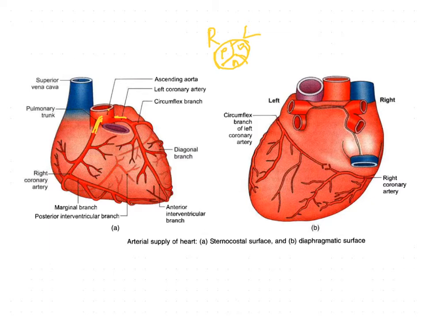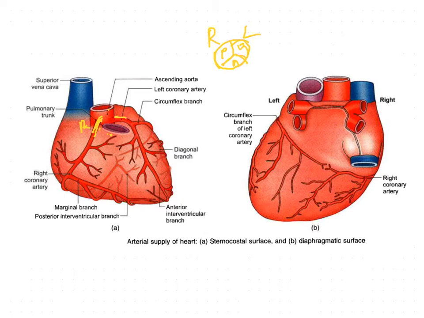forwards and to the right, and emerges onto the surface of the heart between the root of the pulmonary trunk and the right auricle. Here we have the right auricle and this is the pulmonary trunk. In between these two structures, this artery passes forwards and towards the right, emerging on the surface of the heart.